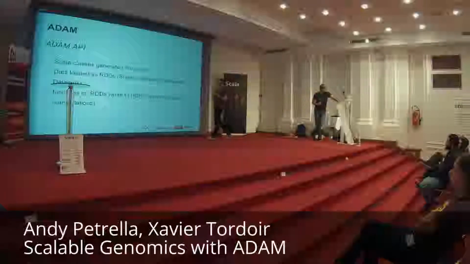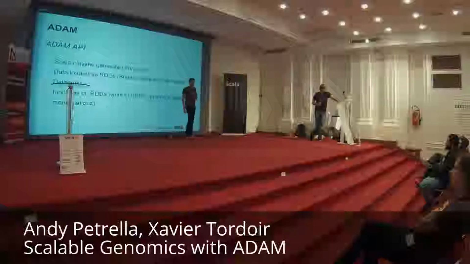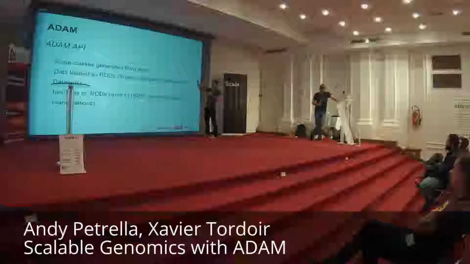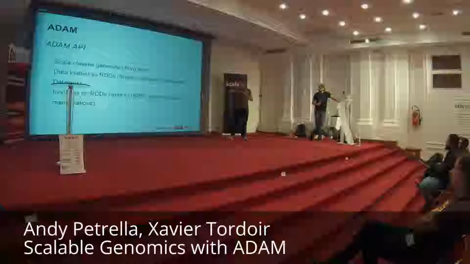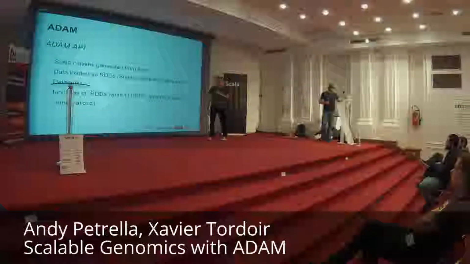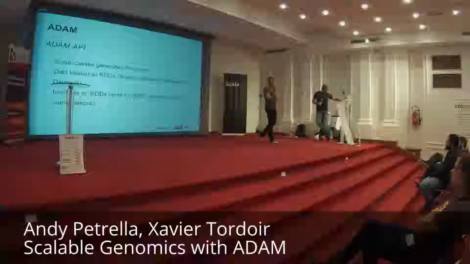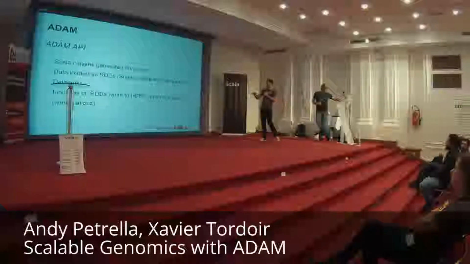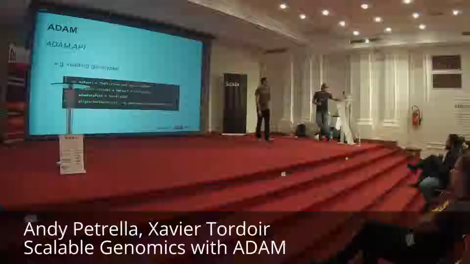It also provides, of course, the Scala classes that are generated from the Avro schema. Data is loaded as resilient distributed datasets, and you get access to functions on these RDDs for writing to HDFS using these genomics formats, and functions specific to manipulating the genomic data.